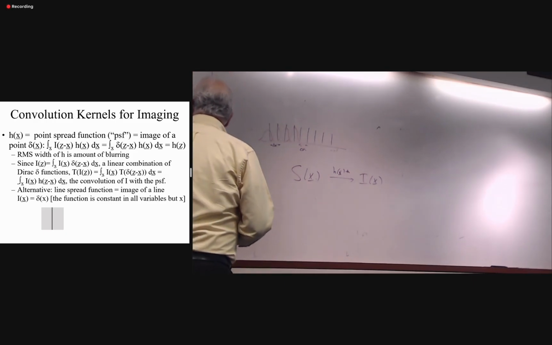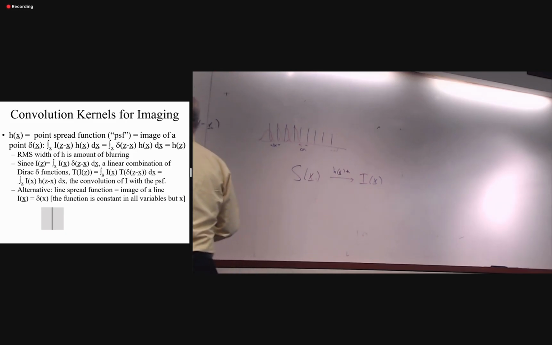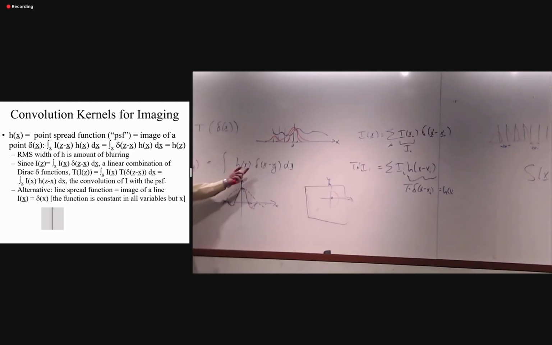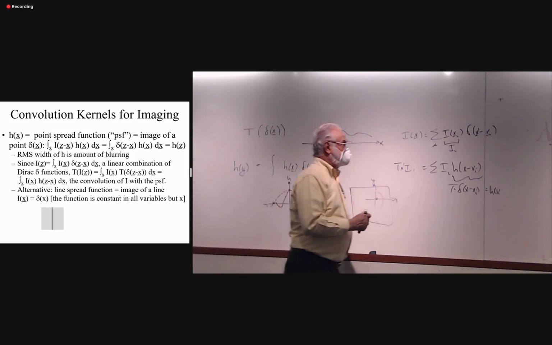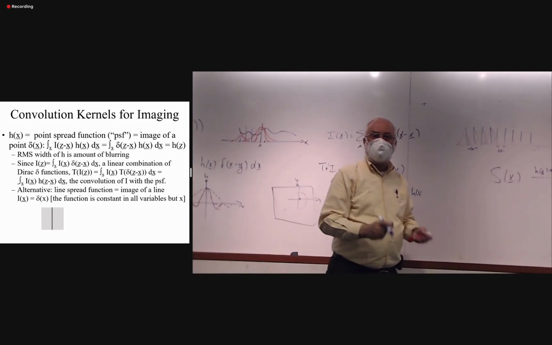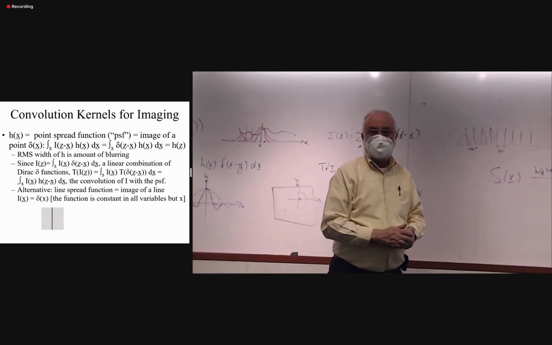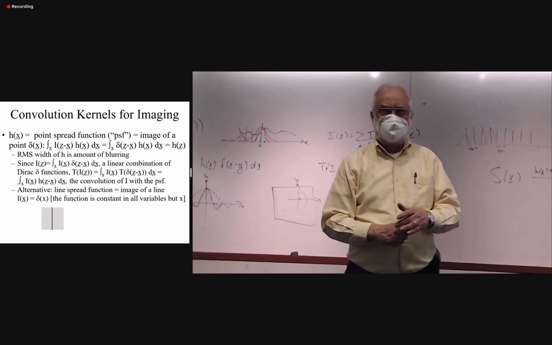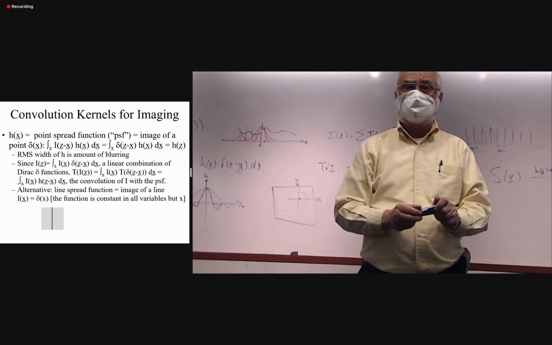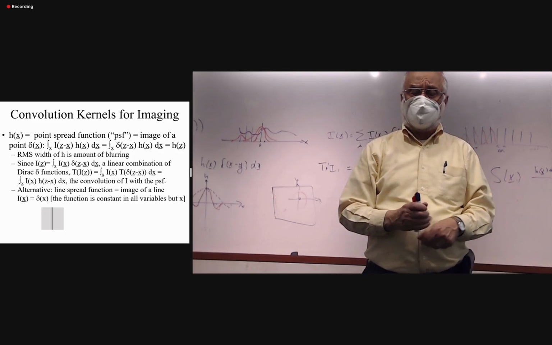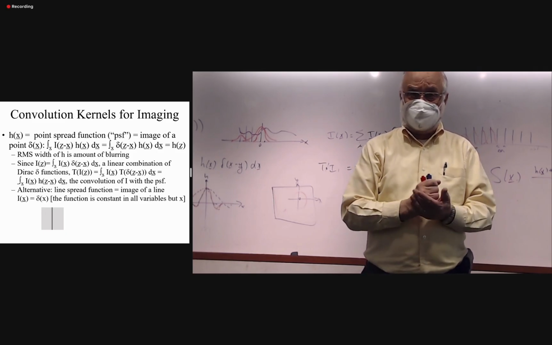And what I just said is that h is simply the application of the convolution to the delta function, the so-called point at zero. And so this particular camera is represented by a so-called point spread function. It's just the convolution kernel that it's applying.